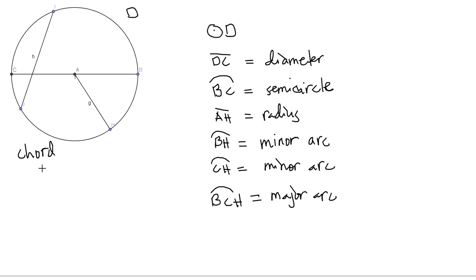So we have the line IJ is a chord, and the arc IJ is a minor arc. Let's have another.